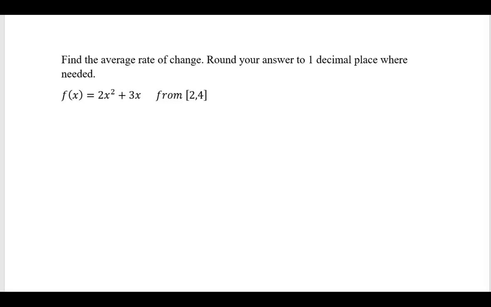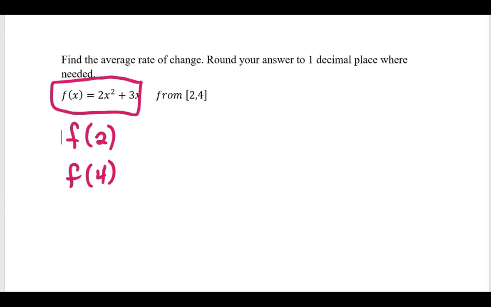The next couple of problems talk about finding the average rate of change. So once again, we're considering that slope idea, right? What they're going to do is give us an equation and an interval. In other words, we're going to take the same equation and put in an input of 2 and an input of 4 to start with. So wherever there's a 2, I'm going to replace it with a 2.